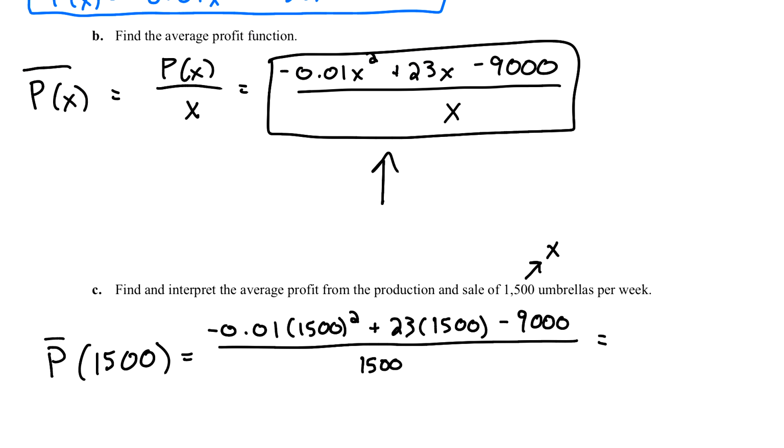So let me look at my numerator first. Here I ended up with 3,000 in my numerator divided by 1,500.